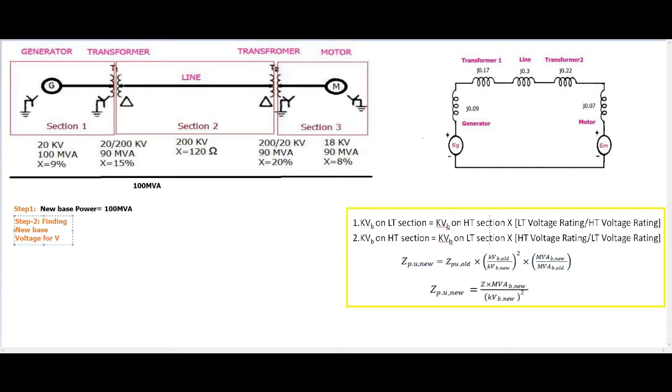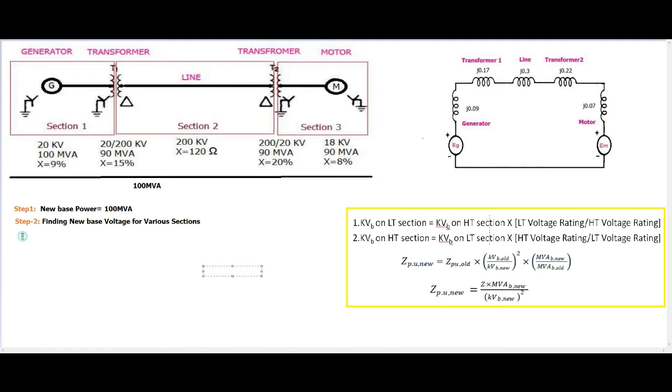How many sections do we have? 3 sections, correct? For all the 3 sections, we have to find the new base voltage with the help of the transformer ratio. So the formula is given here. See, this is the formula.